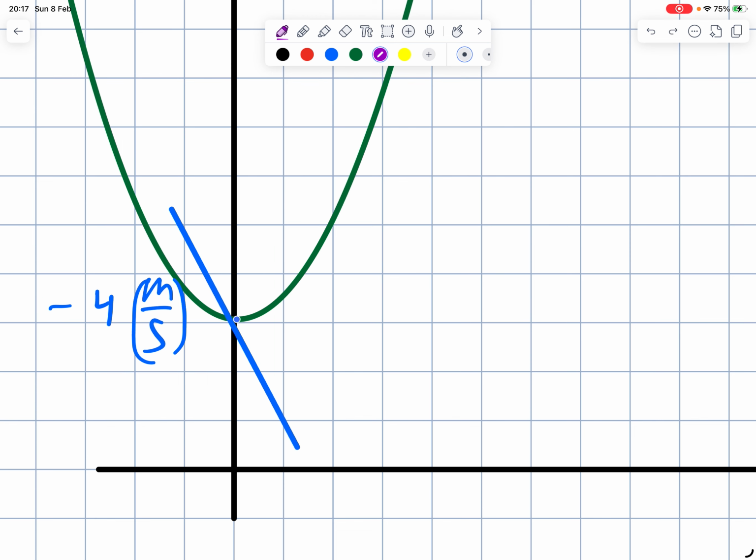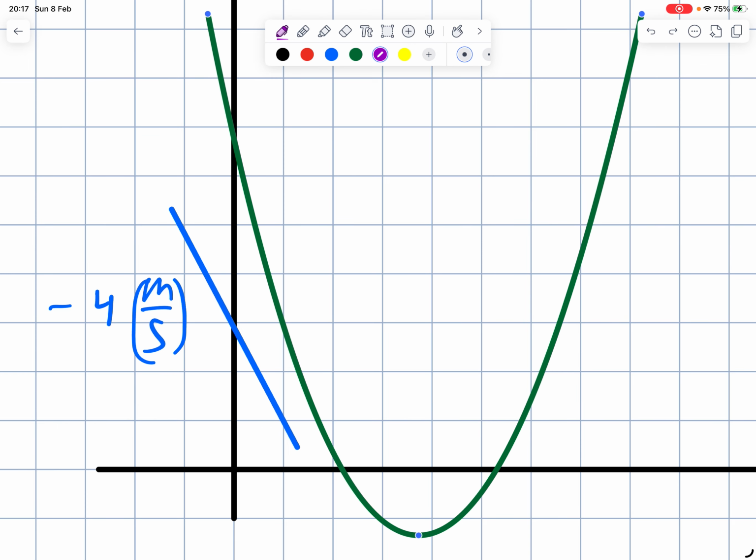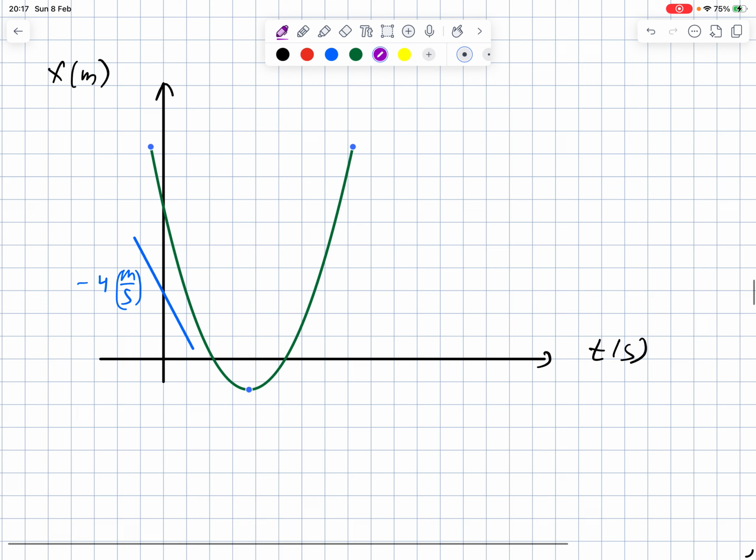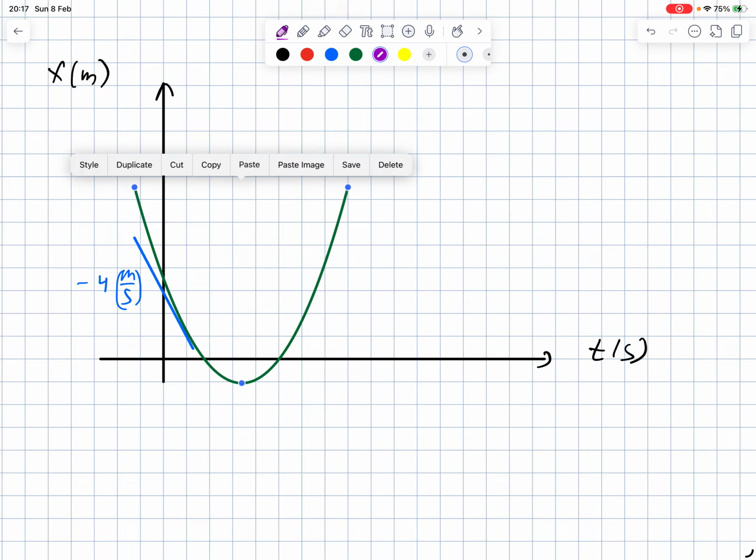And if you use something like this, let's change a bit the parabola. Also, let's change the slope a bit.